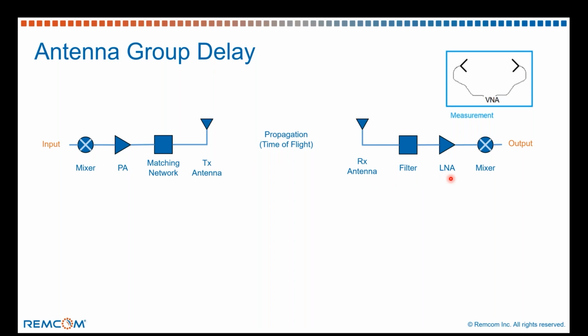So if you're interested in just designing your antenna, what is the group delay of your antenna, the matching network and the transmit antenna, that's going to be kind of tricky to figure out given a VNA measurement, because most of this information from port 1 to port 2 is captured. So how do you go about figuring out just what the impact of your antenna is?